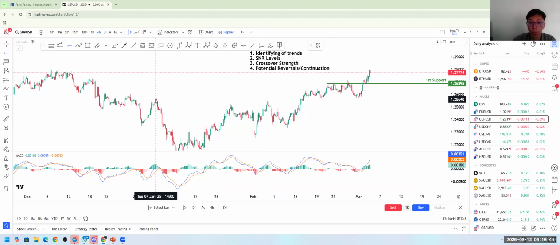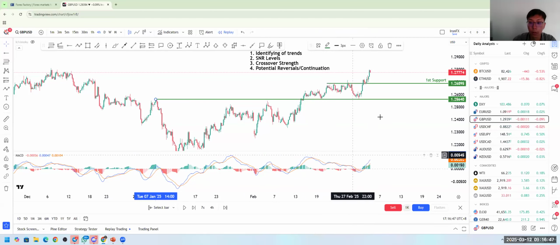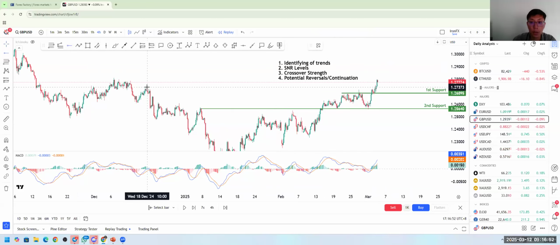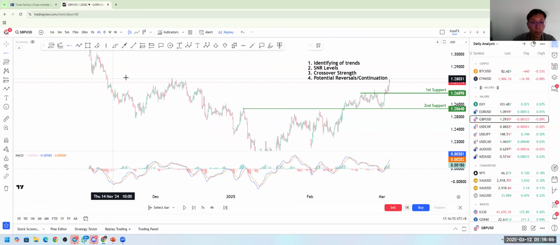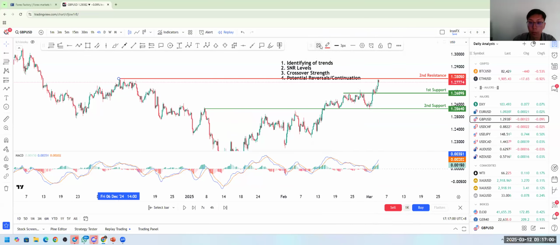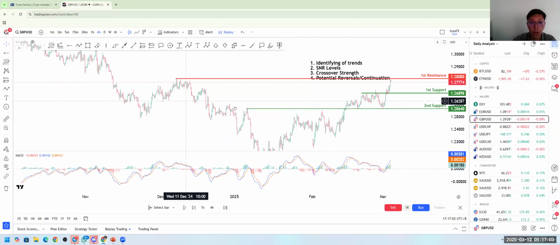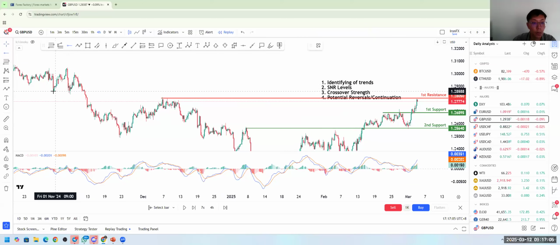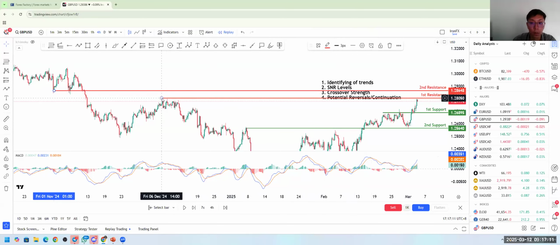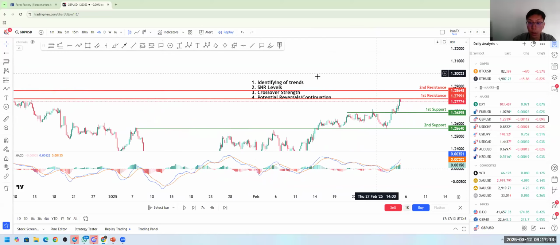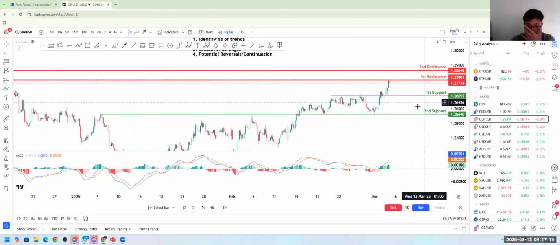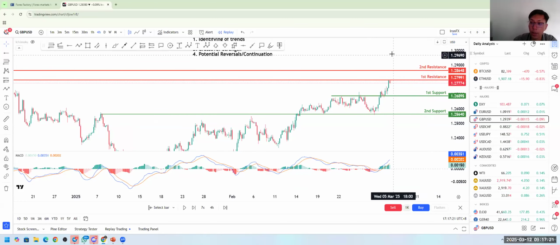Then our resistance levels is here. Okay, where is my next resistance level? Which is here. Okay, so very simple stuff. We have marked out our first support, second support, first resistance, and second resistance.